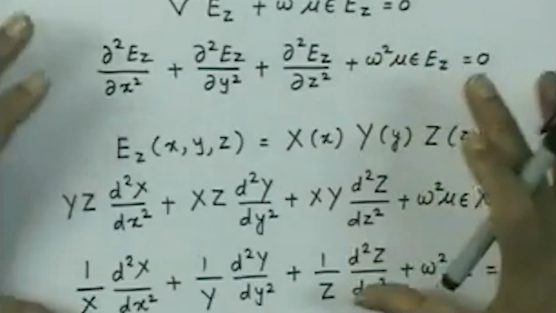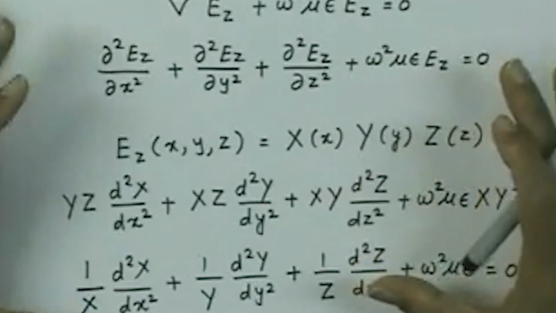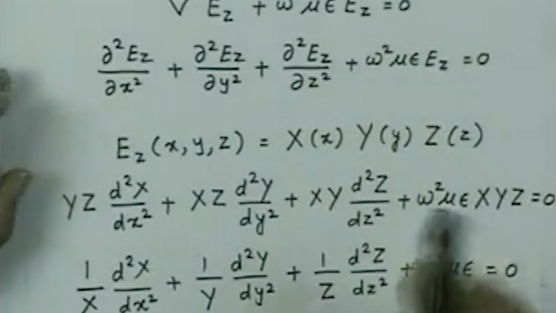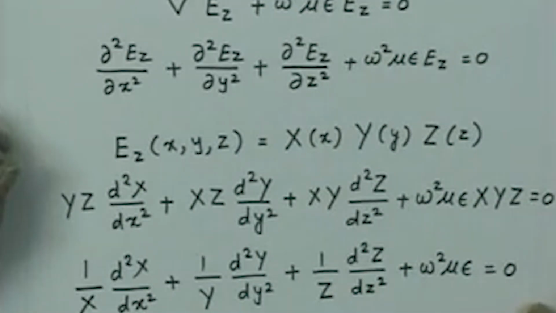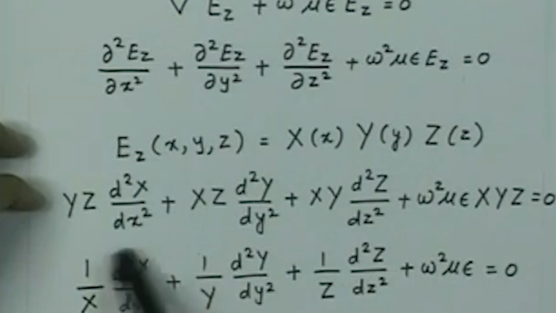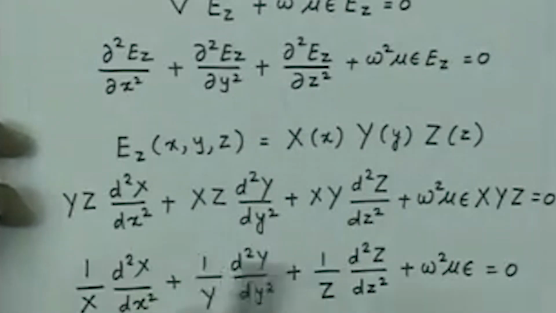Now, this equation whatever you have written, it should be valid at every point in space. So, this equation must be satisfied by every point x, y, z in the 3-dimensional space, and that can only happen provided each of these terms is a constant quantity. So, this should be a constant, this should be a constant, this should be a constant, then and only then this equation can be satisfied by every value of x, y, z.